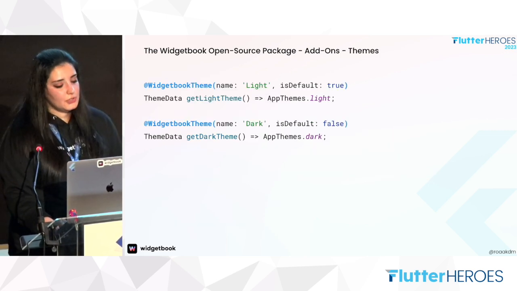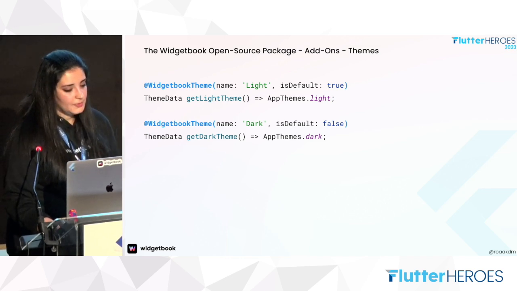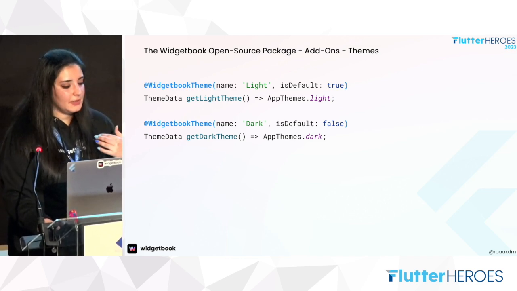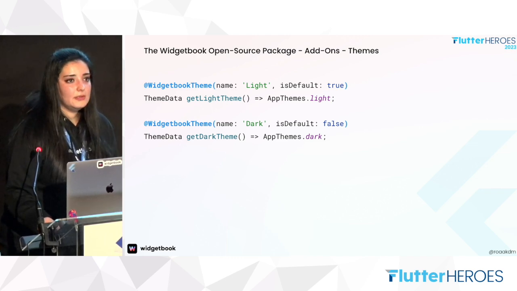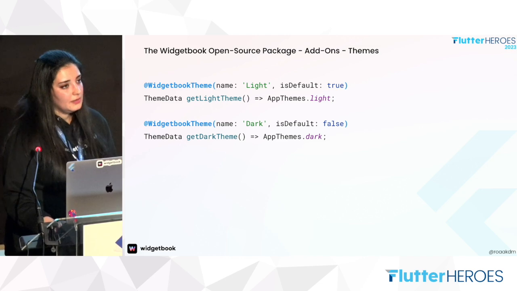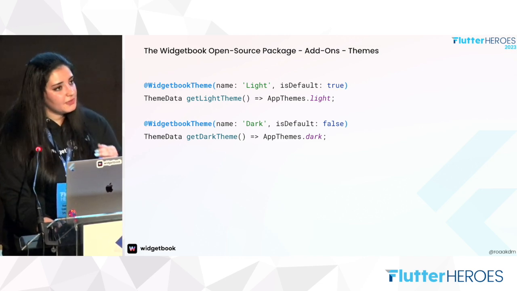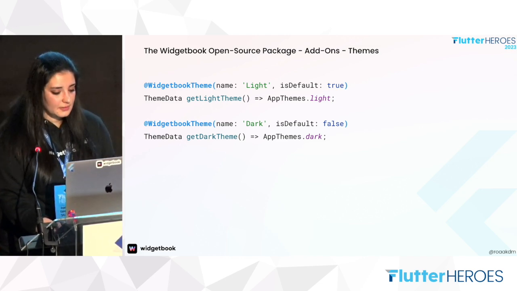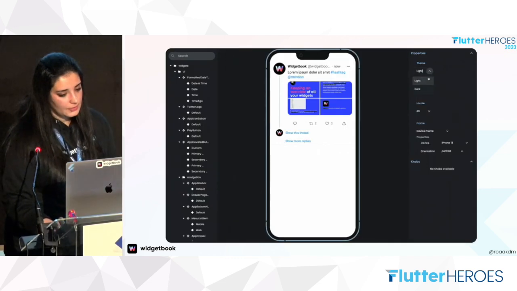The code generation option, alternative to this, would be to just add a widgetbook theme annotation and put a callback under it that will return the theme file, the theme data. And as much as you add of these in your main file, you will get theme options in your widgetbook.